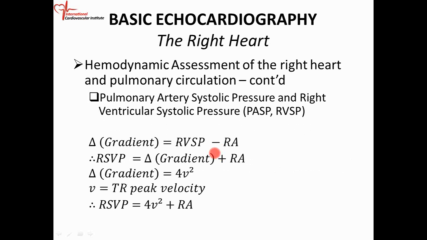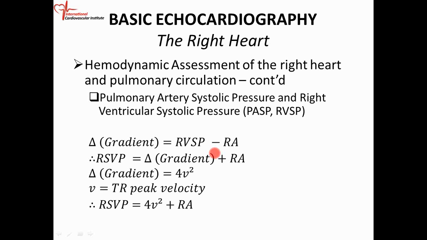All right, so we went over this, but you have to understand this. You cannot guess it. You cannot memorize it, because when you go in the exam, you're not going to remember it. So you have to understand it. Gradient is always a pressure difference from the high pressure to the low pressure. That's the only way you can get a gradient.